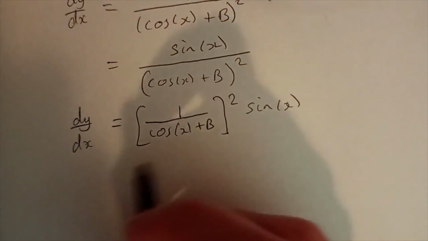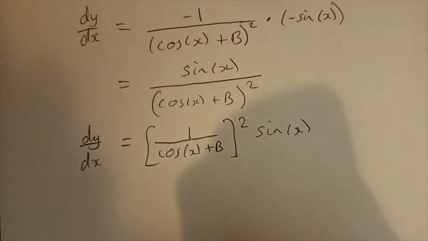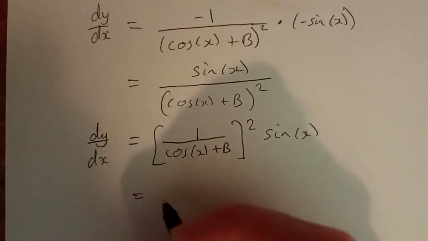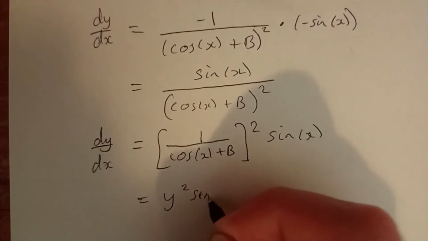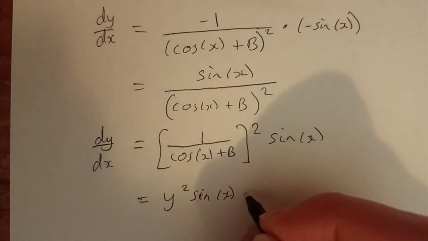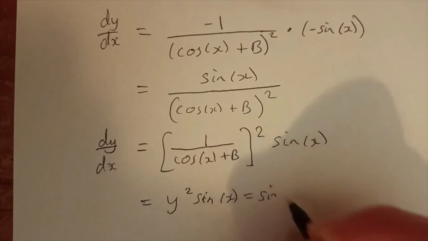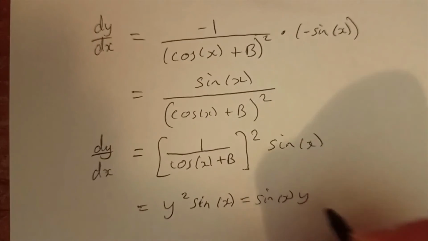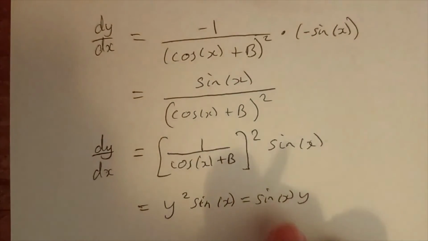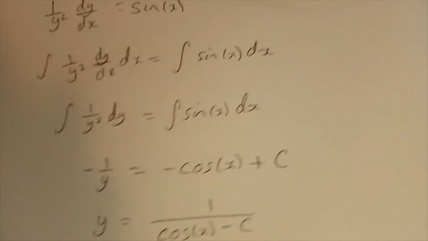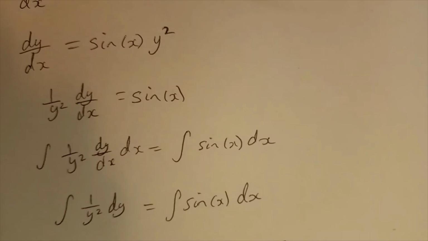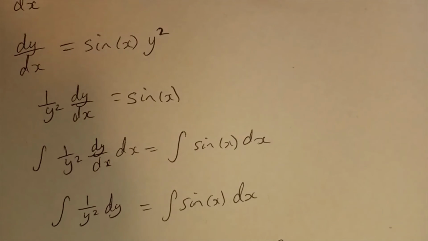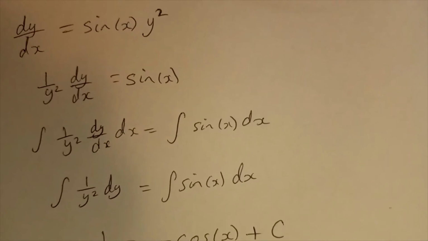So this solution y, its derivative, equals y squared times sine x, which is in accordance with our differential equation, dy dx equals sine of x y squared.